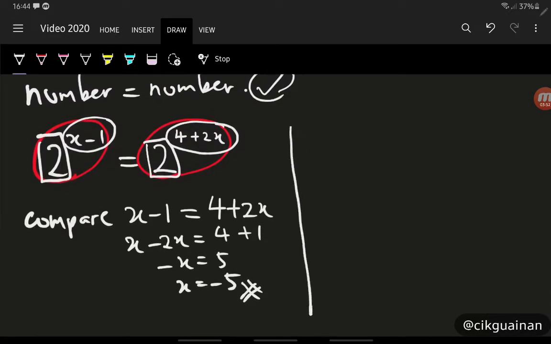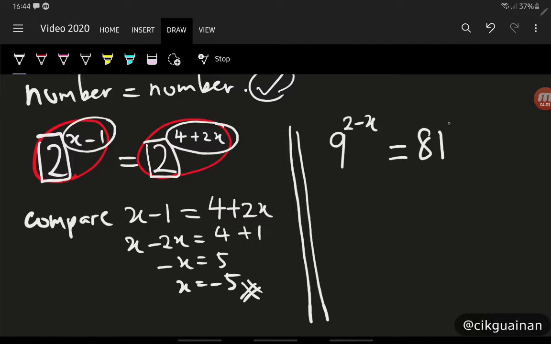Now maybe we have another example. Let's say we have 9 to the power of 2 minus x equals 81 to the power of x plus 2. Now as we can see here, the bases are not the same. But we still have a number equal a number.